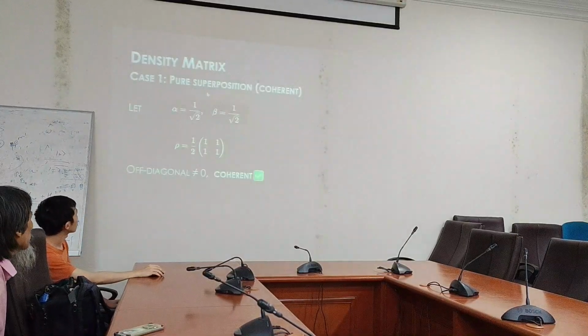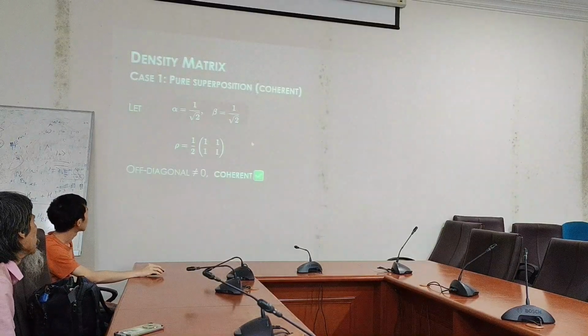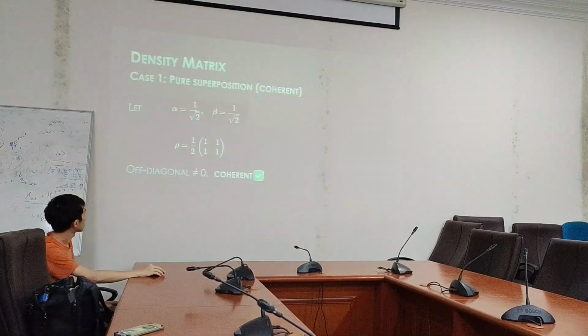So in pure superposition, which means coherence, this diagonal is not 0. When alpha is this number and beta is this number, you can work it out to become like this.